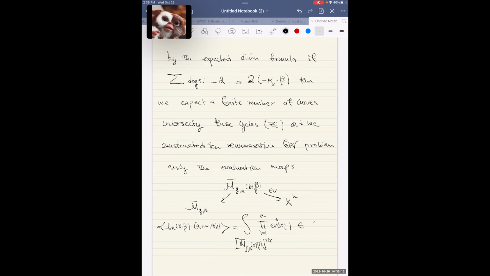We knew that these give us rational numbers, and those are Gromov-Witten numbers.